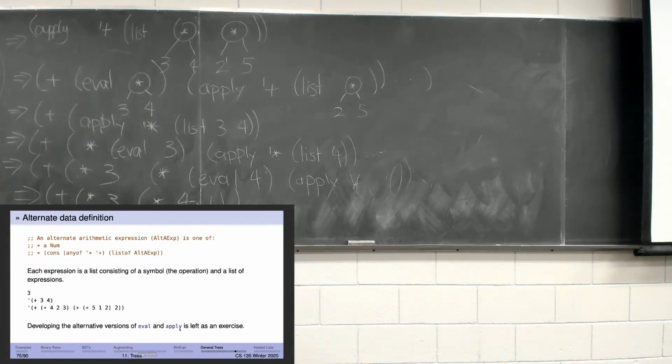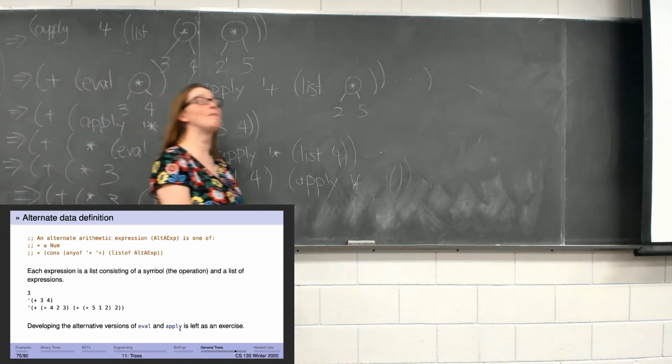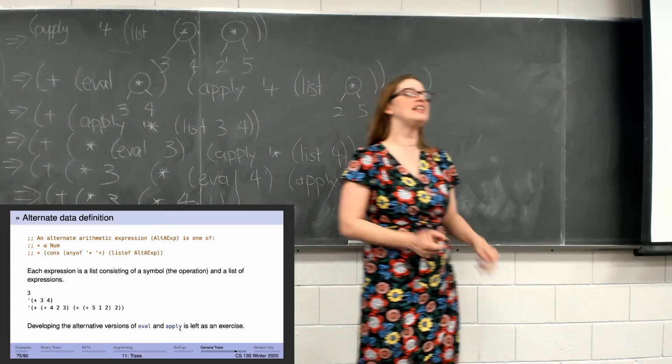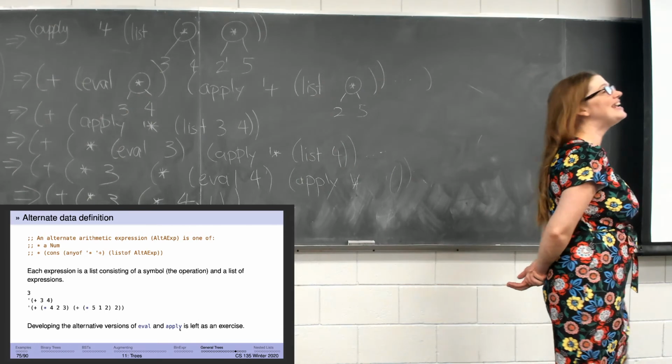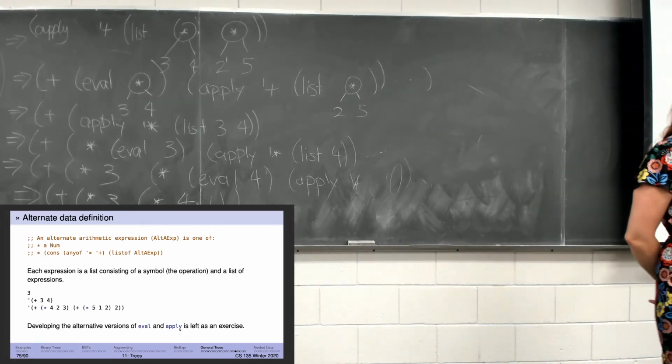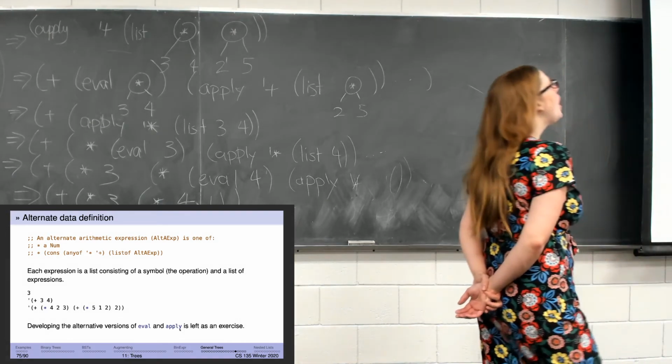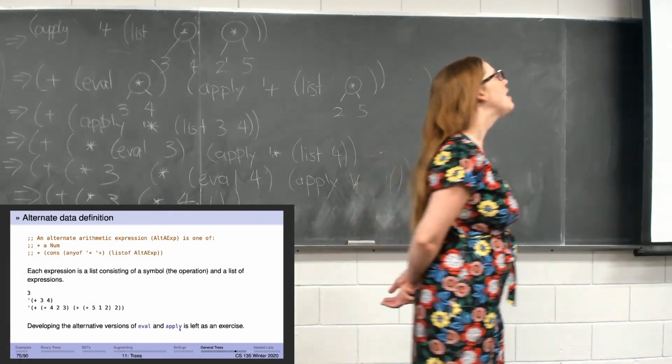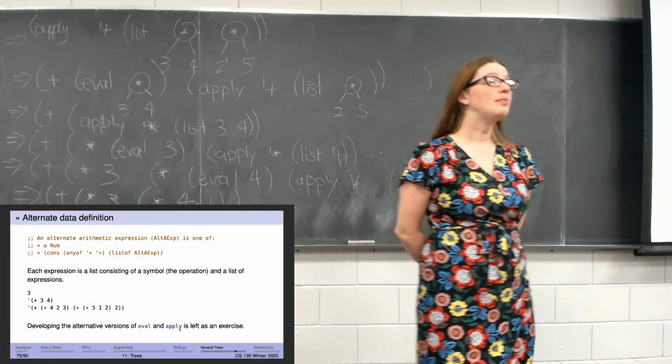So let's take that data definition from before and translate it into something that is equivalent but doesn't actually use a structure. So now we're defining an alternate arithmetic expression. The base case is the same. The base case is a number.